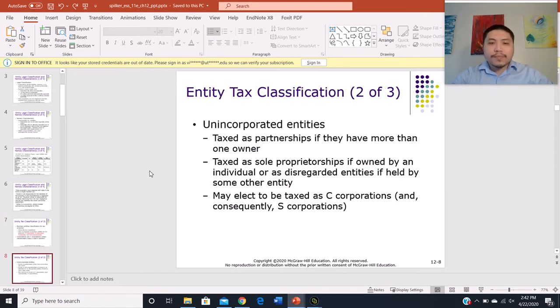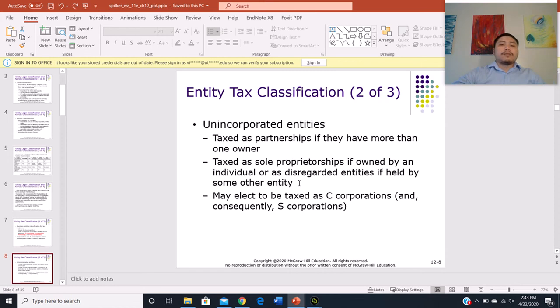So all other unincorporated entities are going to be treated as flow-through entities. If they have more than one owner, they're going to be treated as a partnership. If they have one individual owner, they can be treated as a sole proprietorship.